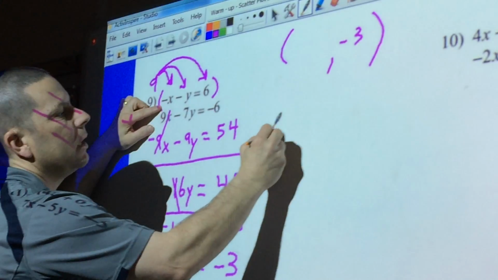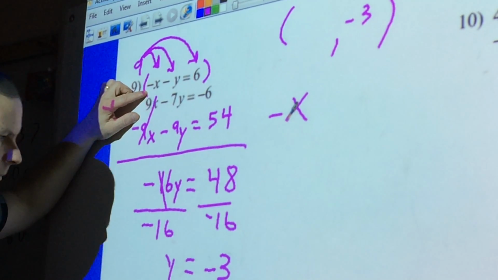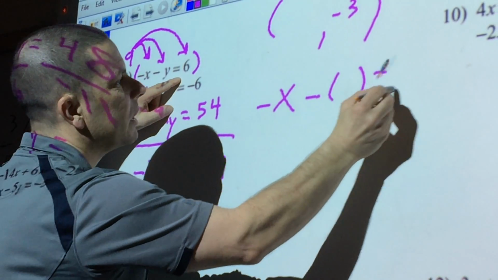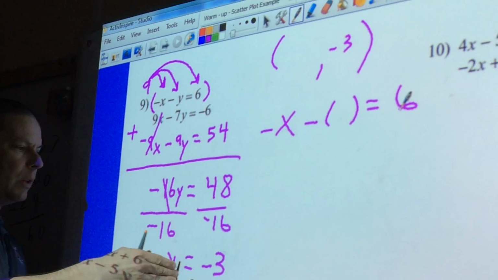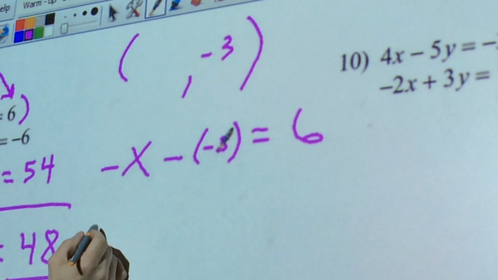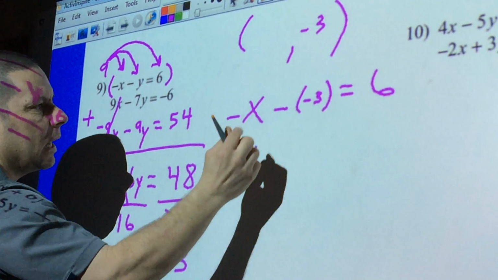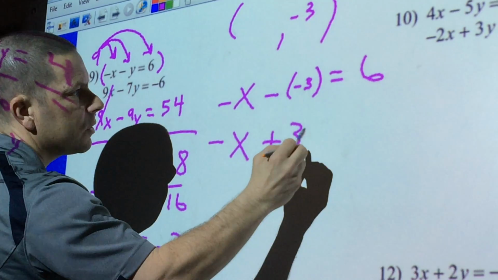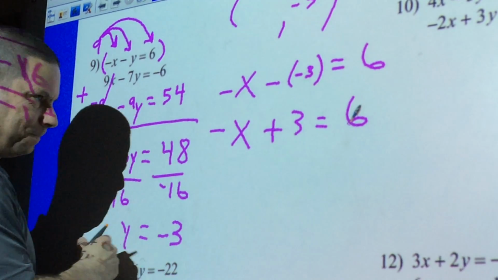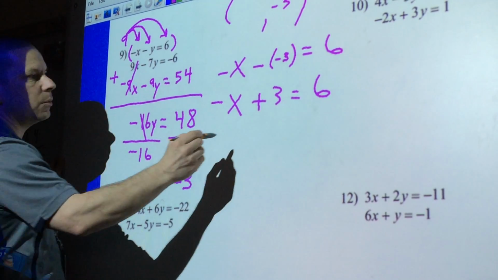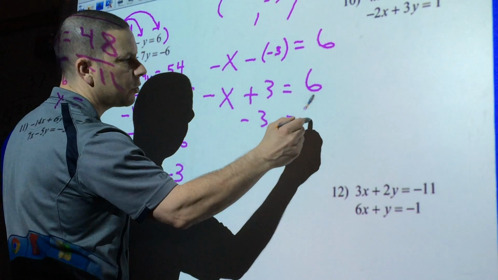So we have negative x minus our y value equals 6. Well, what was our y value? It was negative 3. So we have negative x. Now, when we subtract a negative, remember that turns into addition. Plus 3 equals 6. We need to get that 3 on the other side, so we will subtract 3 and subtract 3.